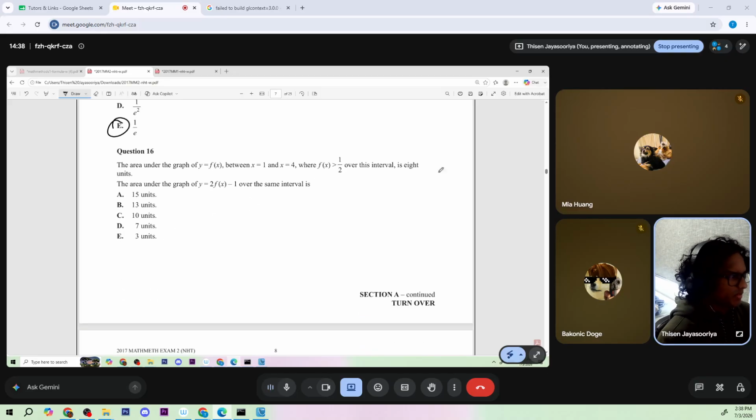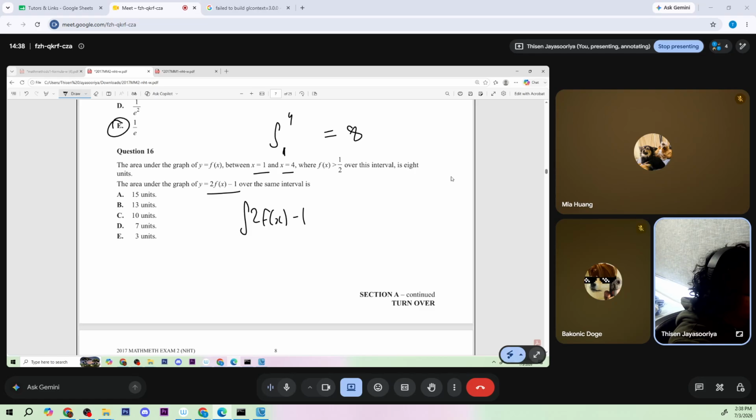Here, the bounded area between this and this, so between 1 and 4, is 8 units. Here, what's the bounded area between these two? So the bounded area of this function is going to be the integral of 2f of x take away 1, from 1 to 4 dx.